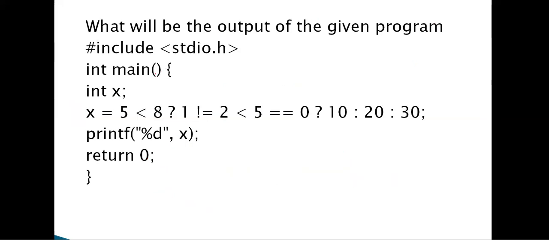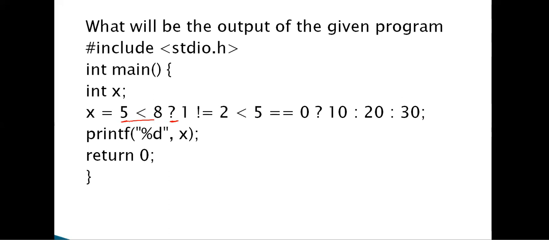Now there is a conditional operator again. It contains a nested conditional operator. First one: 5 less than 8 question mark 1 colon and this entire expression. How do we divide the expression? That is very important. Remember, this is the first question mark.